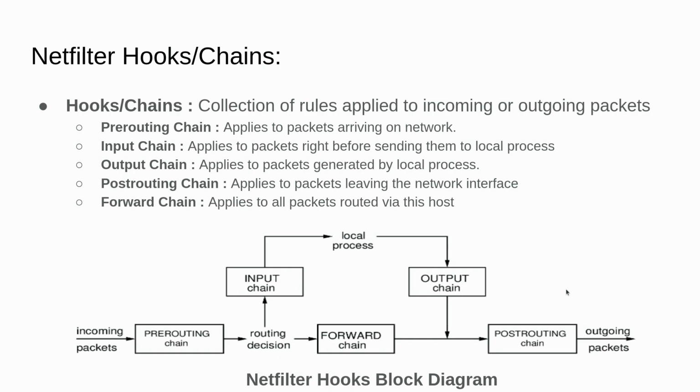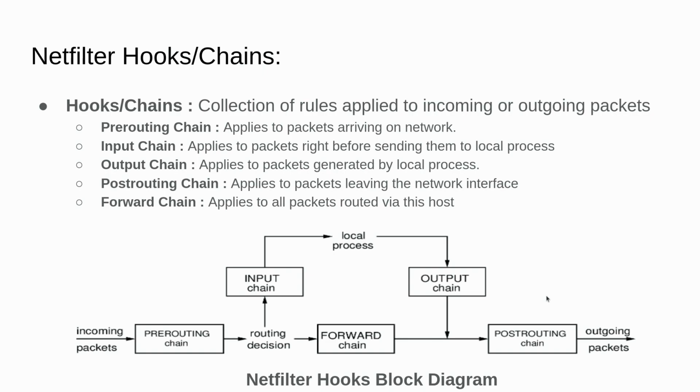So this is the block diagram for Netfilter, and let me explain. As soon as a packet arrives, you can see all these chains or hooks, namely pre-routing, input, output, post-routing, and the forward chain.